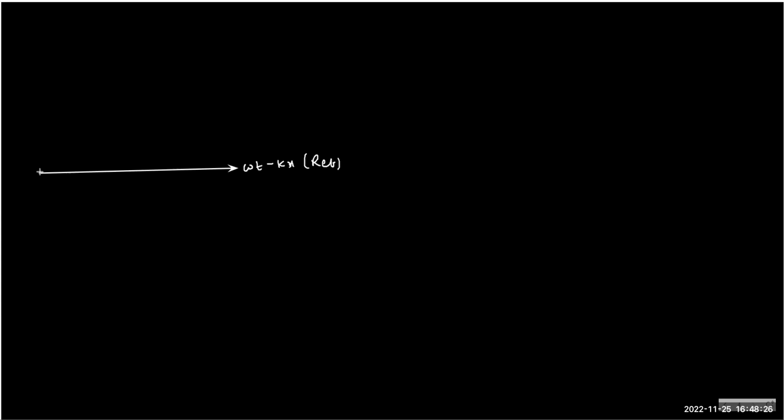So the first wave will have the amplitude A1 and it is in the direction of the reference. But A2 will make angle phi, right? Yes, sir. So finding the resultant is pretty easy.